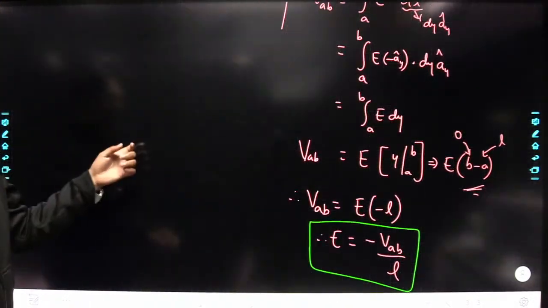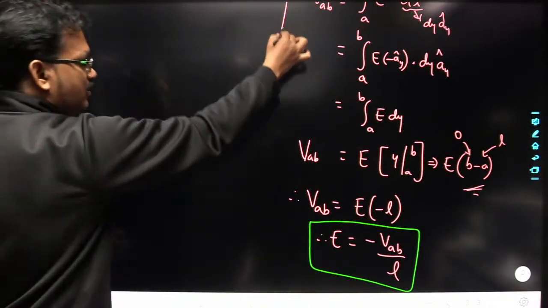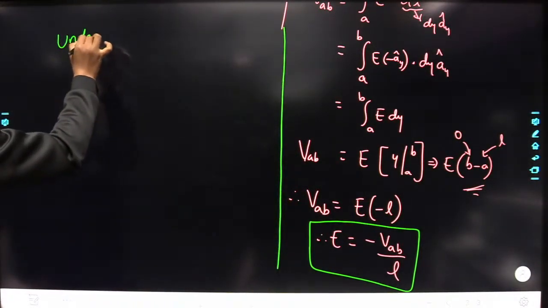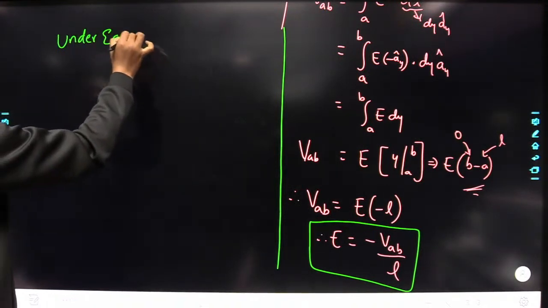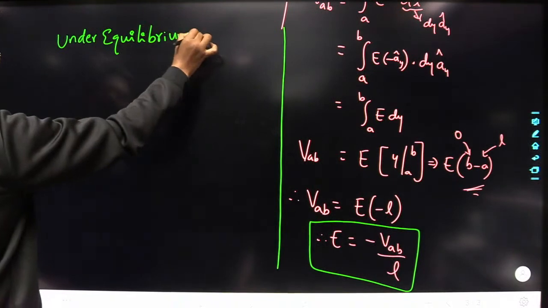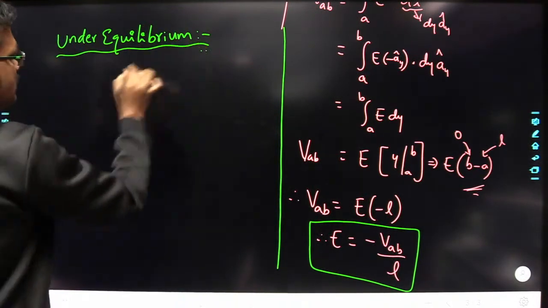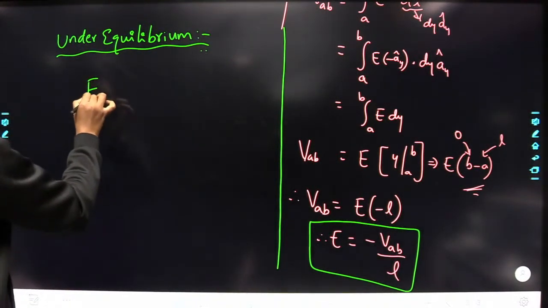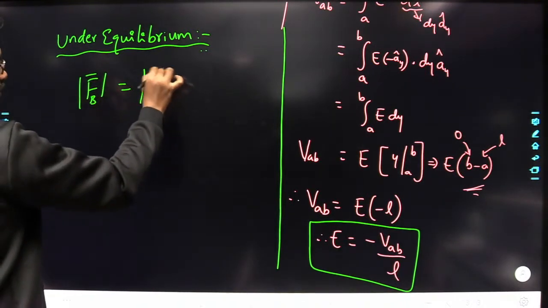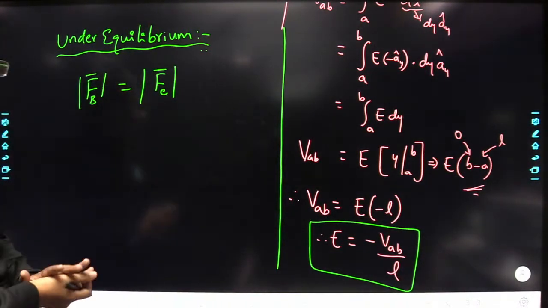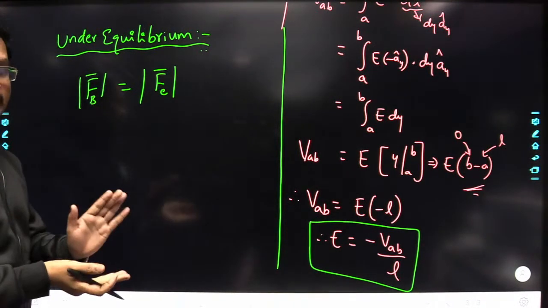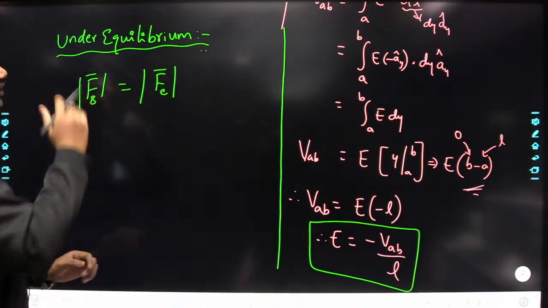Now what will happen here under the equilibrium condition? The magnitude of FB will be equal to the magnitude of FE. We know that both are exactly opposite to one another, and their magnitudes become equal under equilibrium.